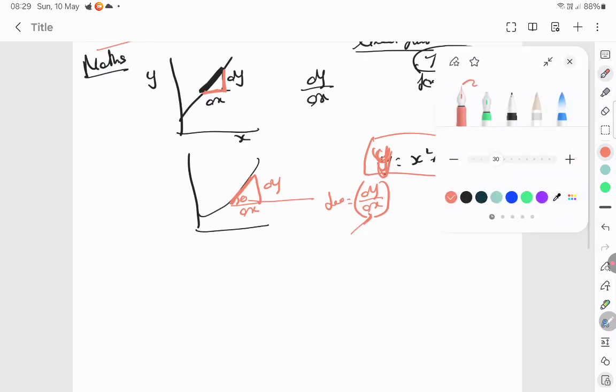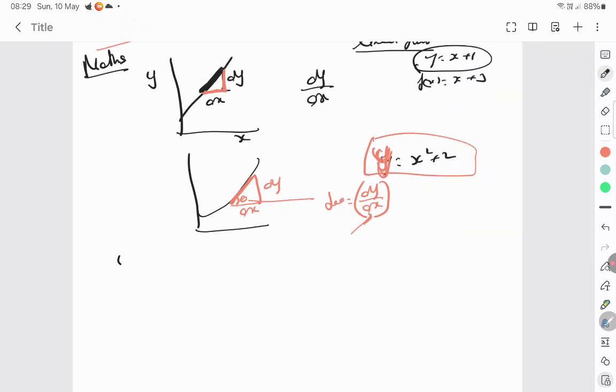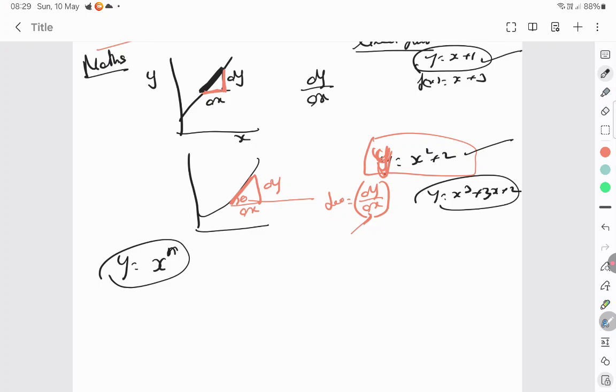Differentiation of a function. So supposing you have a function y is equal to x to the power n, a general function, because the function may be linear, it may be quadratic, it may be cubical. So let's assign a general function x to the power n. The differentiation dy by dx is n into x to the power n minus 1.